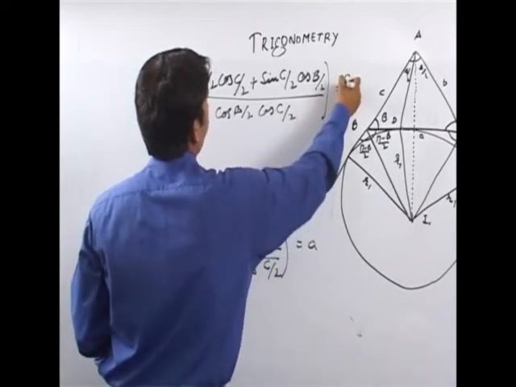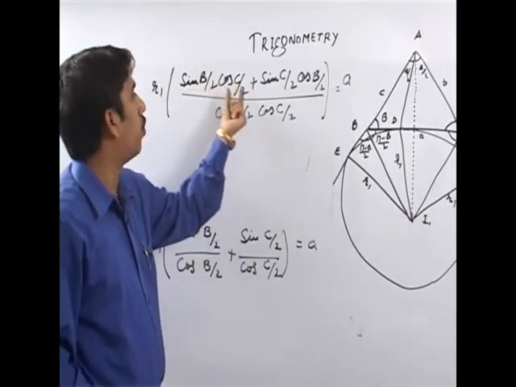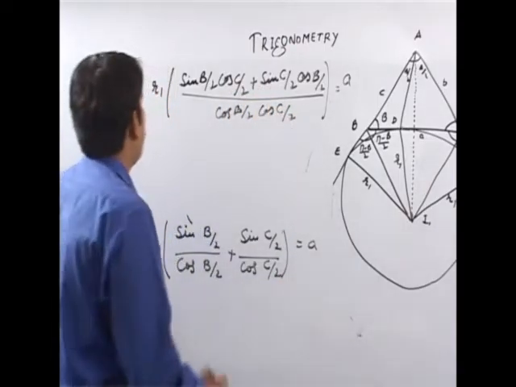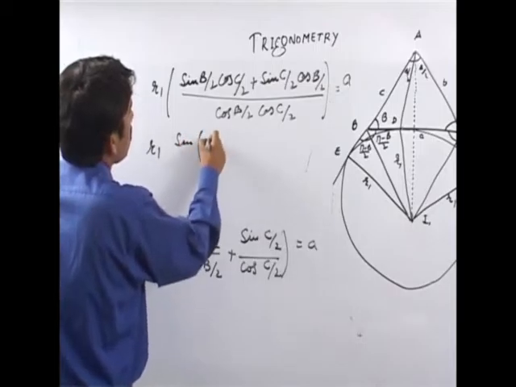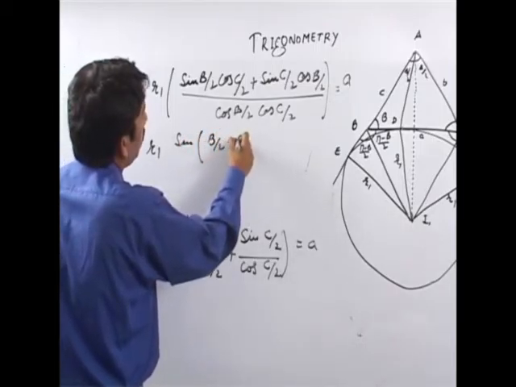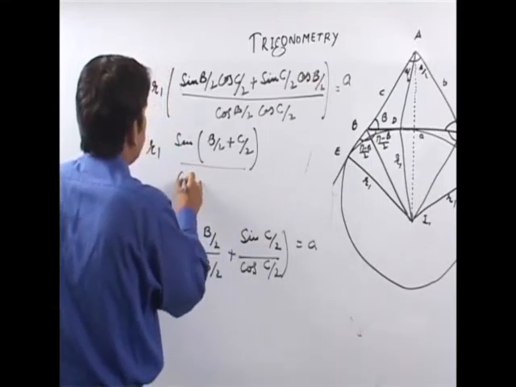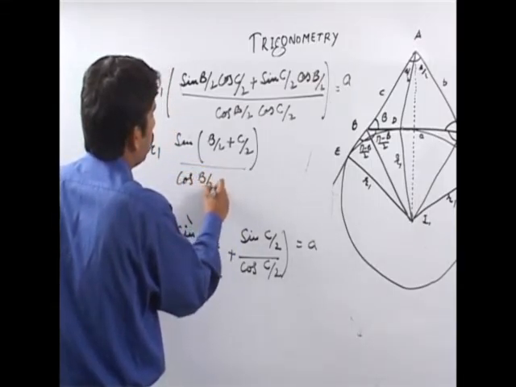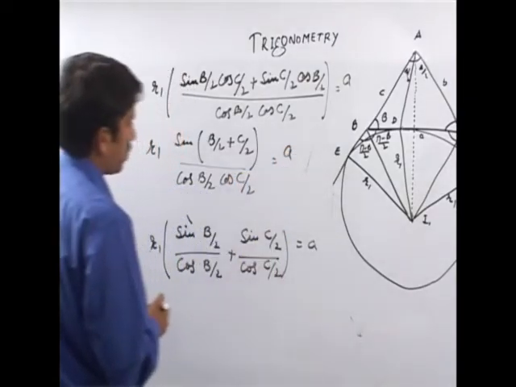This is equal to A. Now this is sine A cos B plus cos A sine B. This will become R1 sine of B by 2 plus C by 2 over cos of B by 2 cos of C by 2 is equal to A.